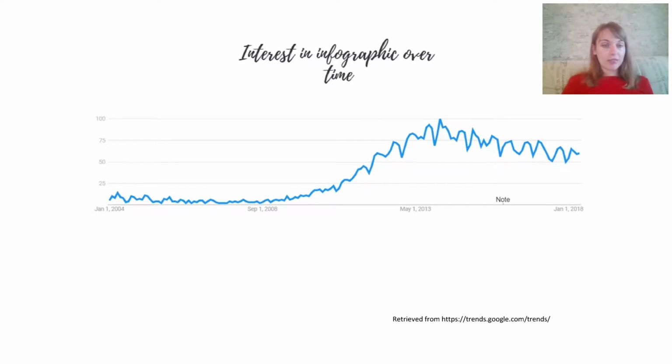After that there was a slight decrease, but if you look at the progression now, you will see that the interest in infographics has been unchanged. It shows that infographics is used by a little over half of the participants, so 50%. Infographics is used for different purposes, but we are interested in educational.